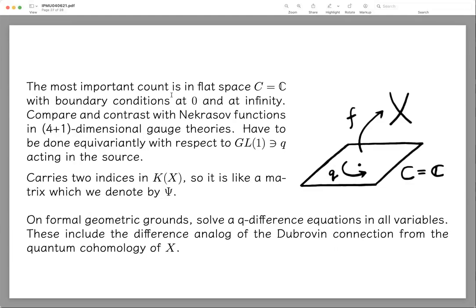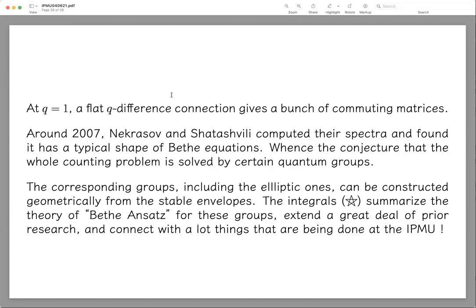Okay, this object solves a Q-difference equation in all variables, every single variable in the problem. And so, in fact, you have not one Q-difference equation, but a whole system of commuting Q-difference equations, compatible Q-difference connections.